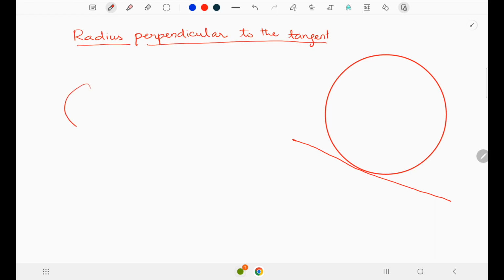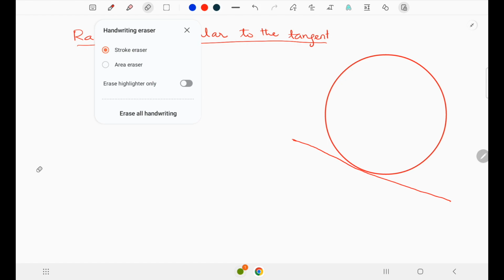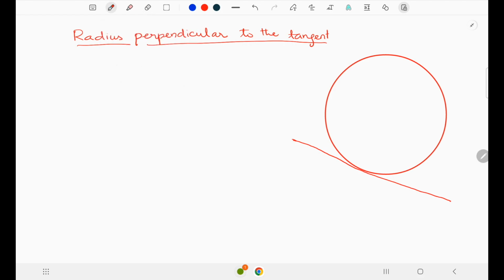Suppose if we have any circle, the line passing through this, so here the line is not touching the circumference, so the line is not a tangent. So tangent means a line has to pass through the circle touching at most a point.